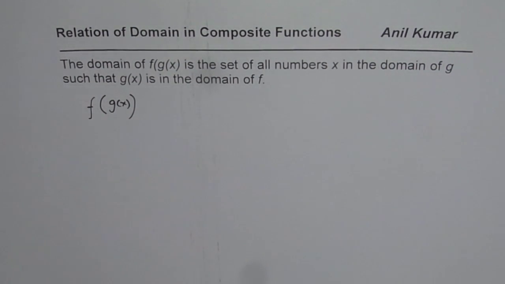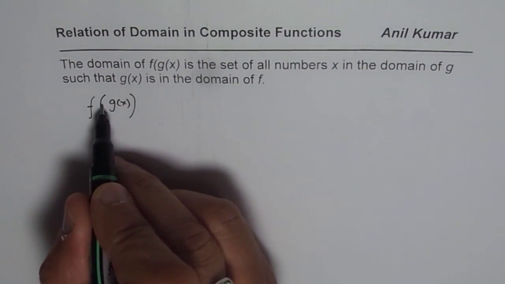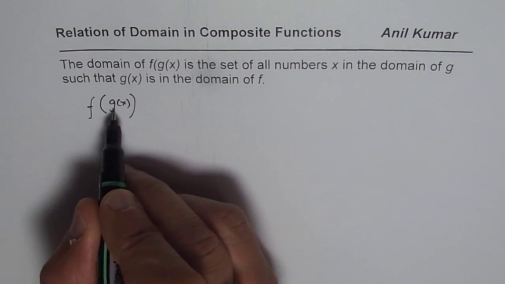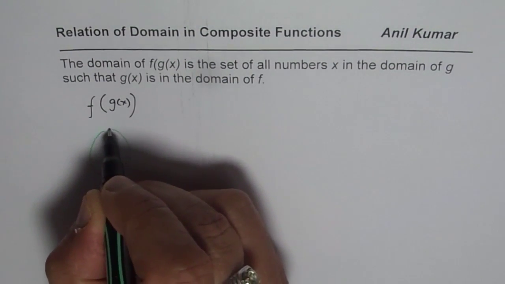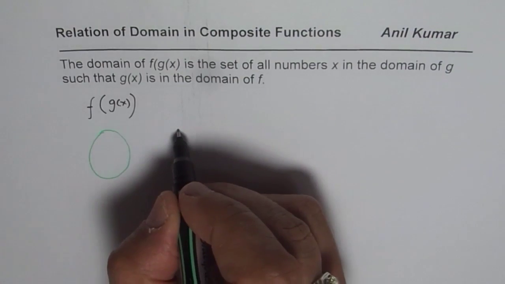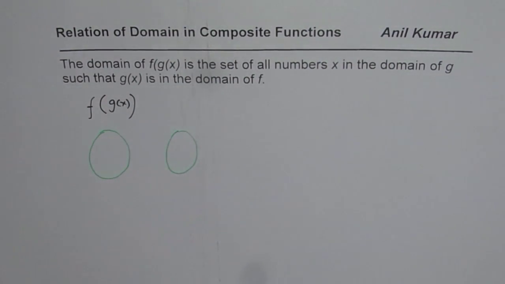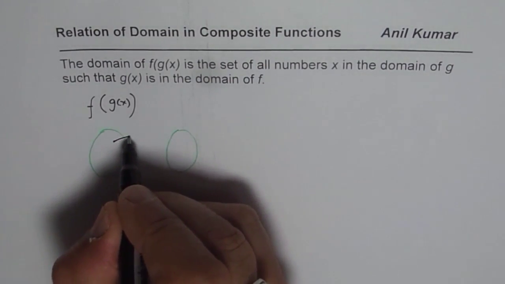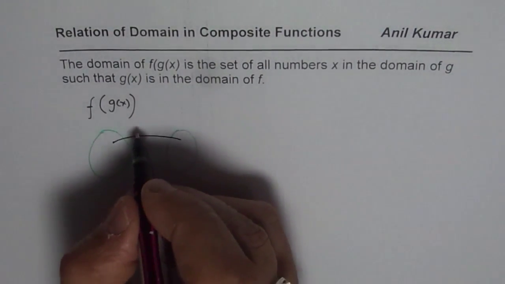In that case, what really happens is the operation g of x is performed first. We have a set of inputs here, and these inputs are operated on by the function g of x, and we get the respective outputs. So from here we apply g of x.